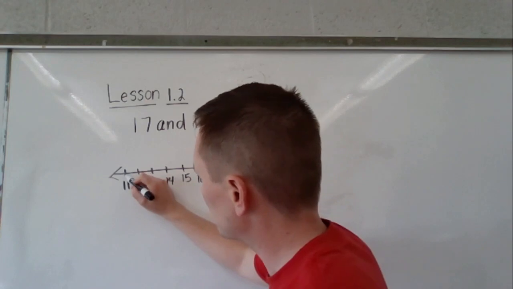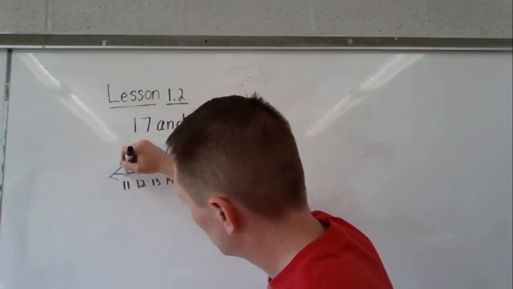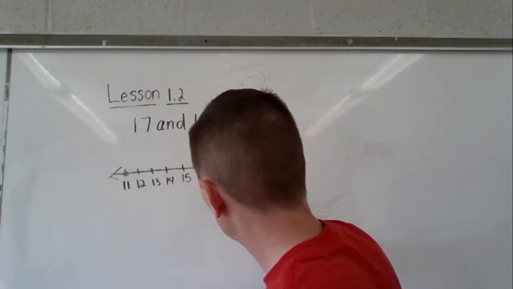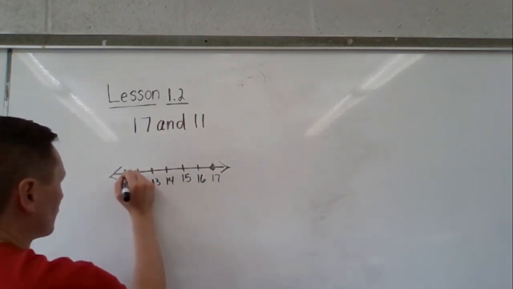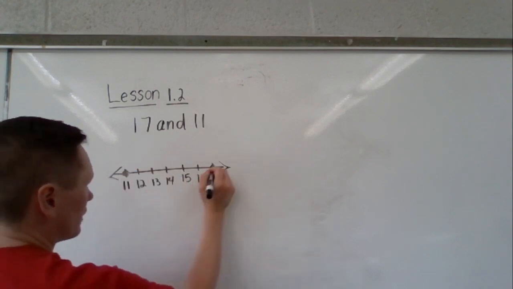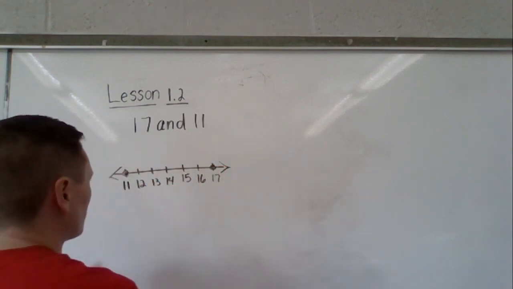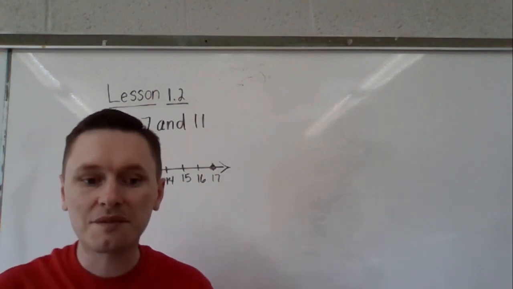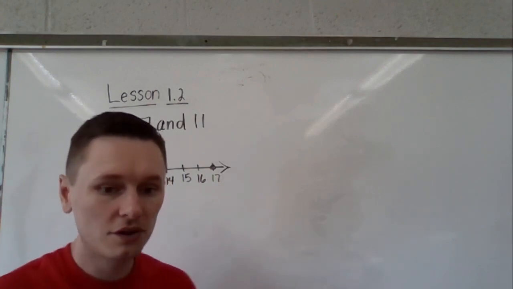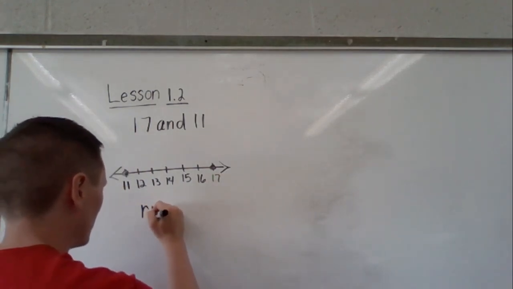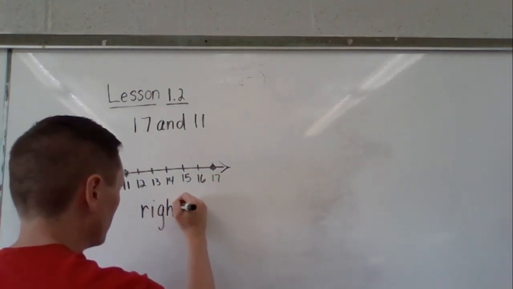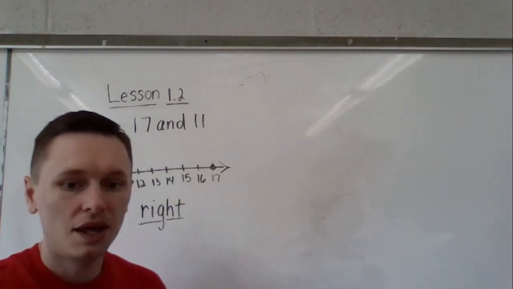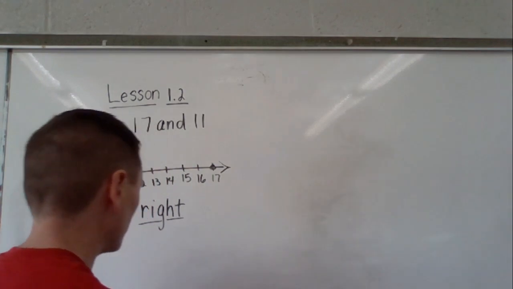All right, so we have two numbers, 11 and 17. Let's make it a little darker. There we go. 11 and 17. And so I want to compare them. So since 17 is to the right of 11 on the number line, then it is greater than 11.